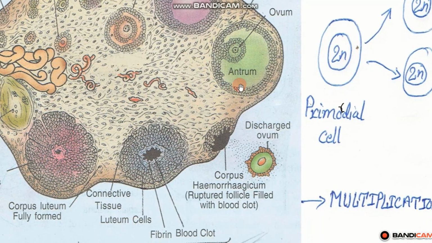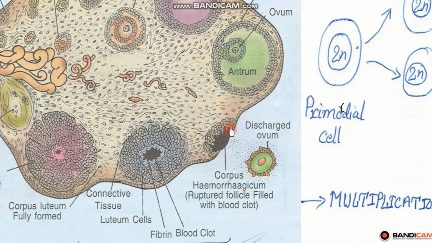Just see after it. You see this follicle will release. This follicle is releasing the ovum. This is the ovum that is released outside, and now this ovum is released outside the ovary.